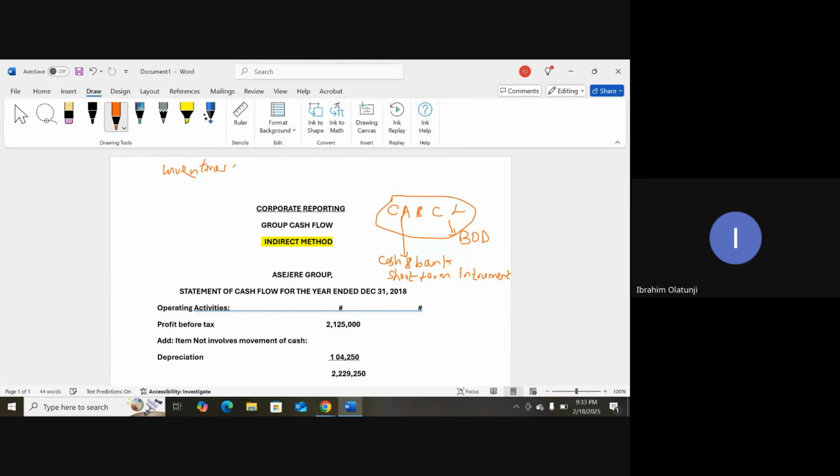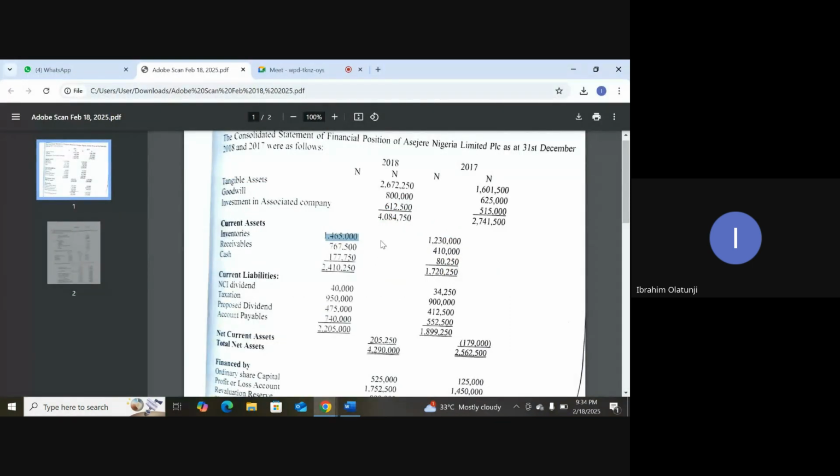This inventory account, you draw your T format like this because inventory is an asset. Take note of that. An asset always has a debit balance. Then we have balance brought forward, which simply means the opening balance.